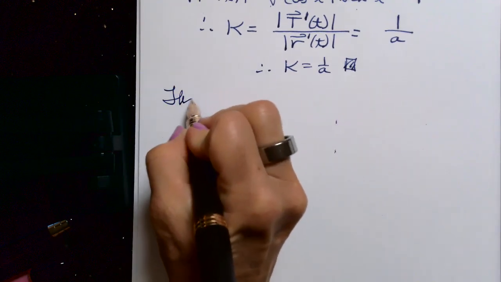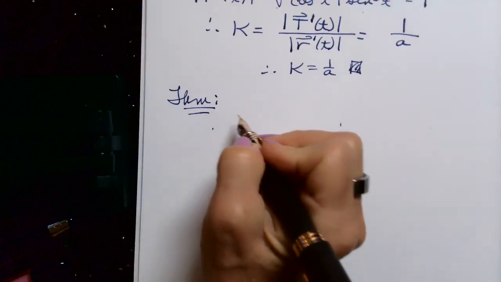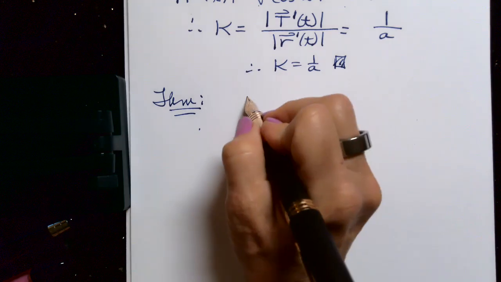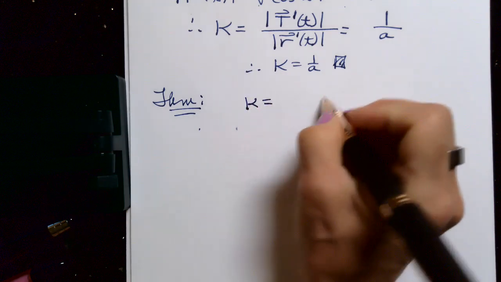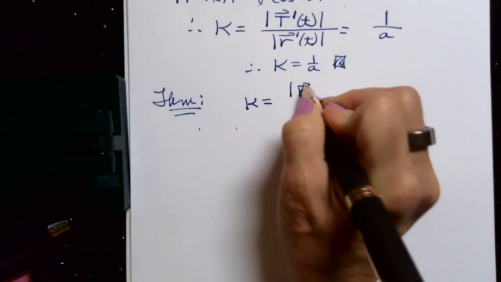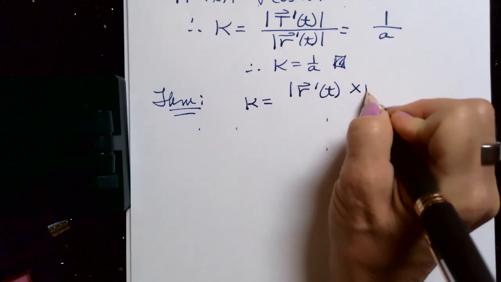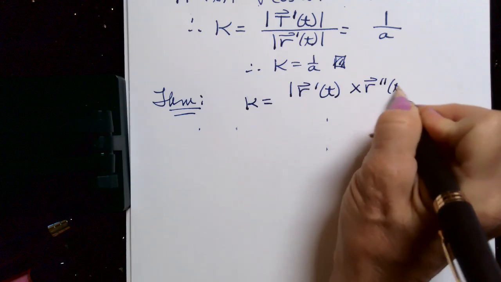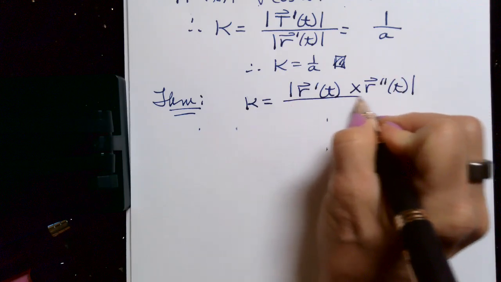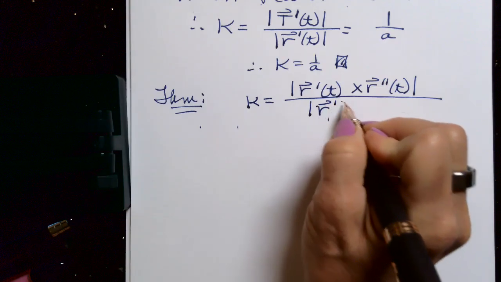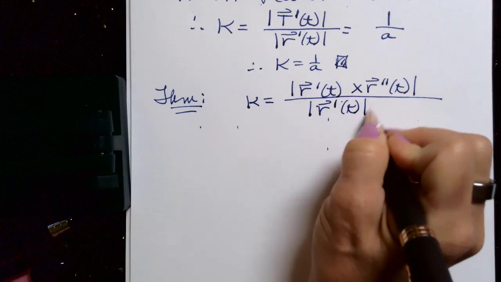One last thing I'd like to show you, a third formula for the curvature. Call it a theorem: kappa is the length of r prime cross r double prime, divided by the length of r prime cubed.